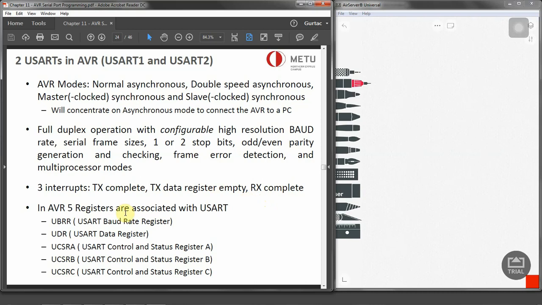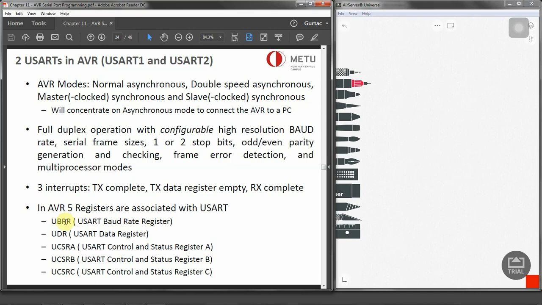And in AVR we have got 5 important registers that we need to configure to perform USART operations. So UBRR is actually known as the USART baud rate register. So we need to calculate the baud rate that we want to have, and we have to put that value into the UBRR register.